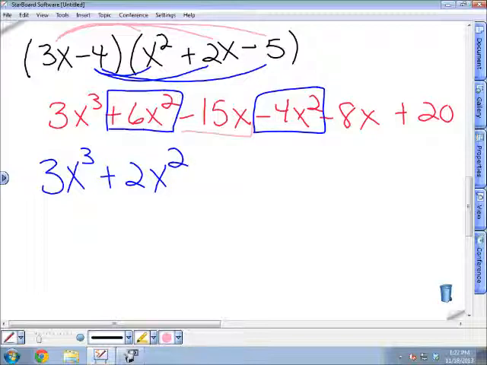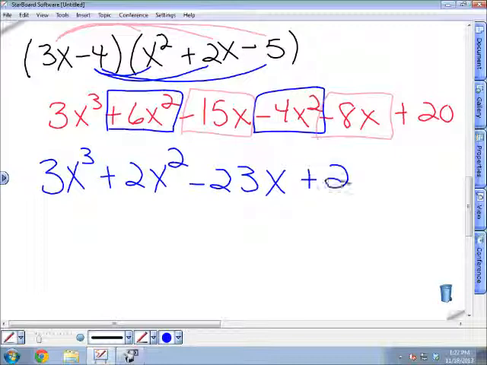If I also combine my minus 15x and my minus 8x, I have minus 23x. And then my 20 is just left over there. So it's really not any different except that you have more terms to multiply when you have a binomial by a trinomial. Let's try one of these.